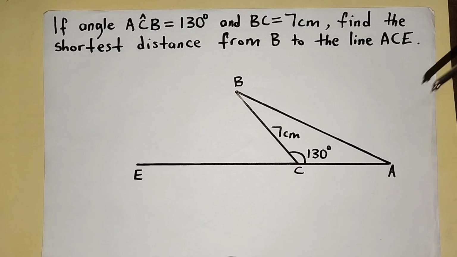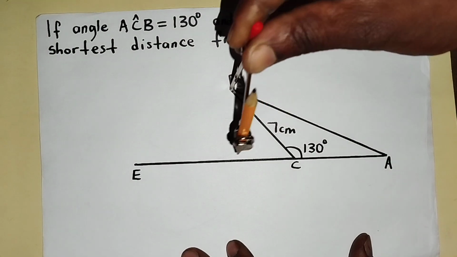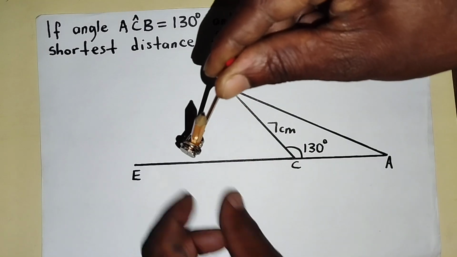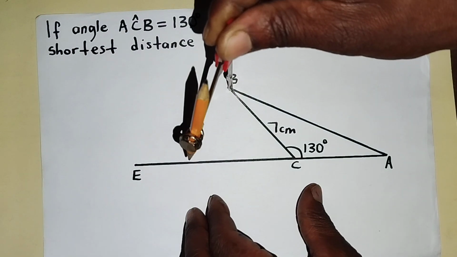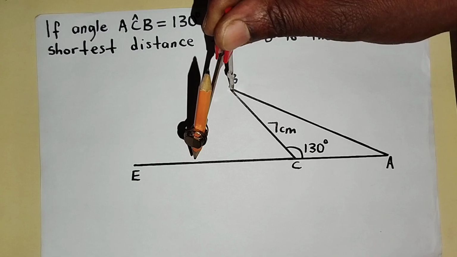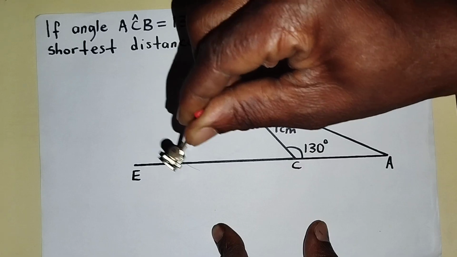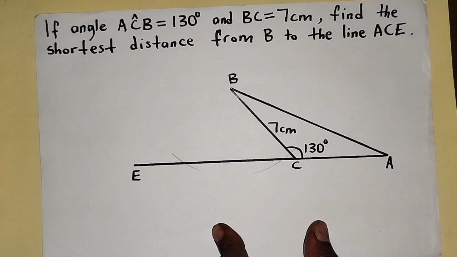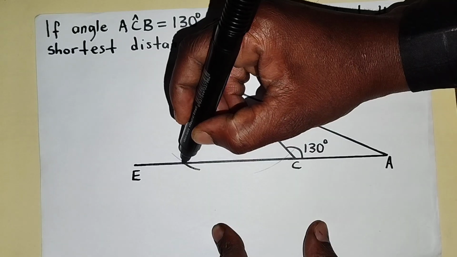So now I'll start by constructing a perpendicular from the point B which is outside ACE, as I have demonstrated previously. With B as the center, I'll cut line ACE at two different points. Let me enhance this so that you can see the arcs.